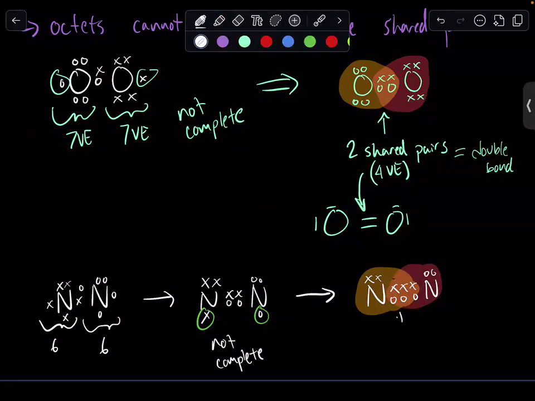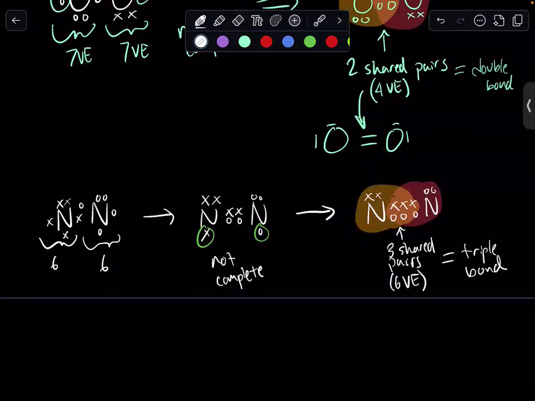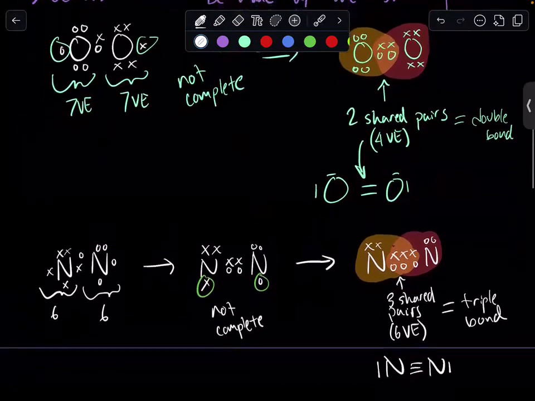And within these 3 shared pairs, we have 6 valence electrons, which is called a triple bond. And so we can once again just draw this a little cleaner. 3 lines with those pairs on the side. So that's how we use single, double, and triple bonds.